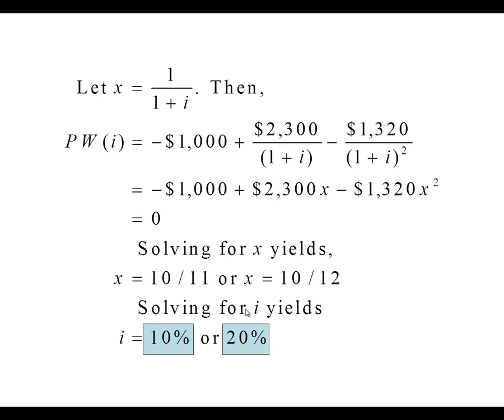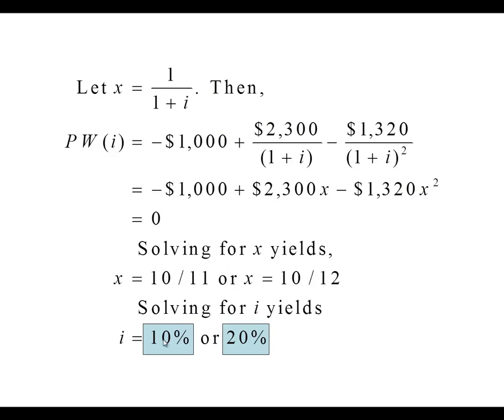If we would like to do the mathematical method, we can use the quadratic approach. Using the quadratic approach, we change 1 over 1 plus i into x. So now I have a quadratic equation with x and x squared that equals 0. We'll find the value of x.